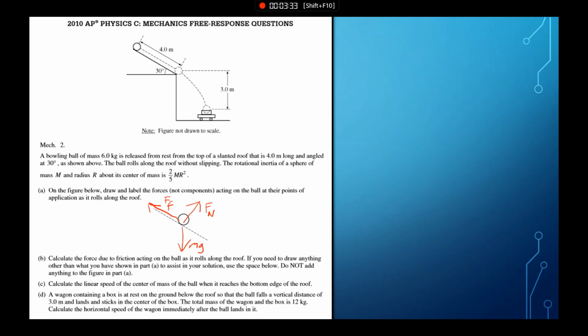Then for part B, we need to calculate the force due to friction that's acting on the ball as we roll along the roof. So we're finding friction. So MA is equal to mg sine 30 minus friction.